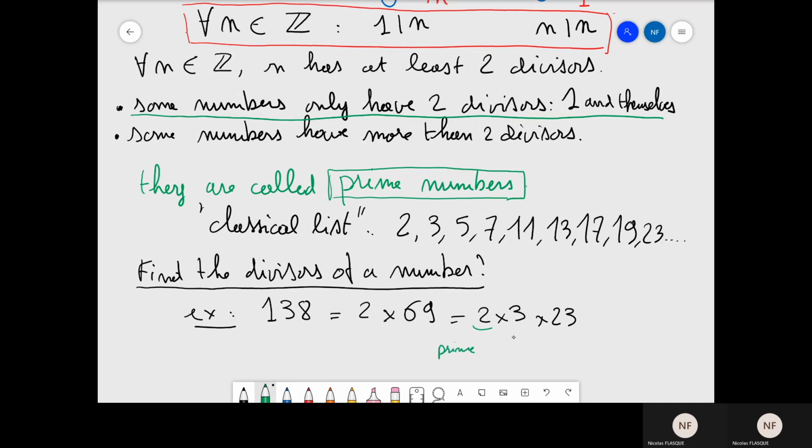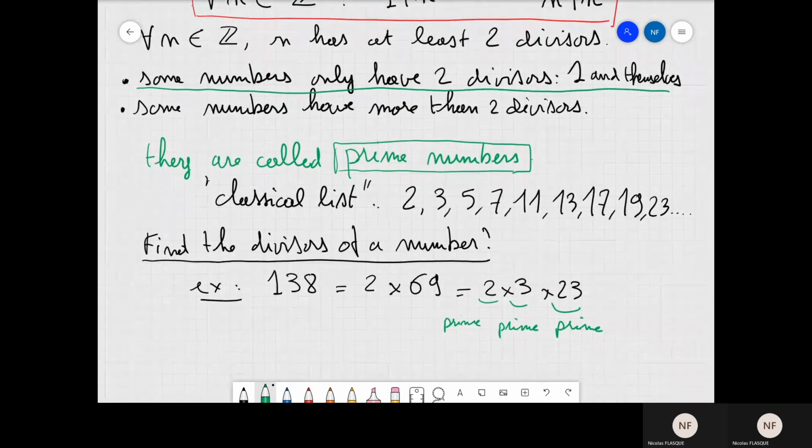And as you can see, I can't go on further, because 2 is a prime number, so I can't find any divisor to go on. 3 is a prime number also, and 23 is also a prime number. So you see that those numbers 2, 3, and 23 are part of the list of prime numbers. So here I know that 138 is 2 times 3 times 23.